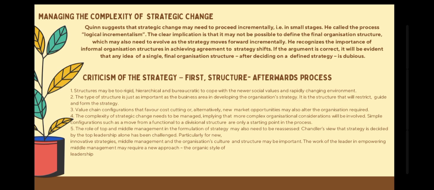He recognized the importance of informal organization structures in achieving agreement to strategy shifts. If the argument is correct, the idea of a single final organization structure after deciding on a defined strategy is dubious.